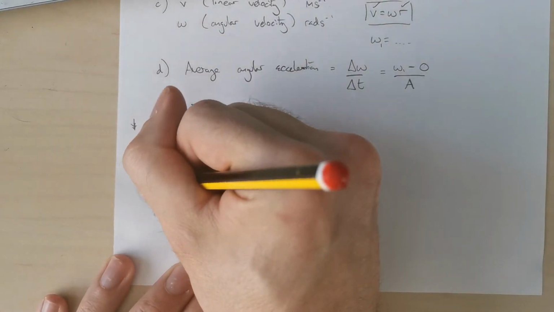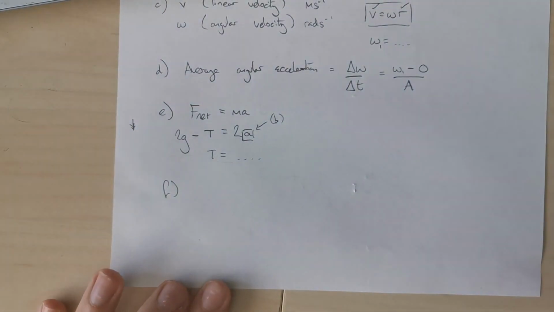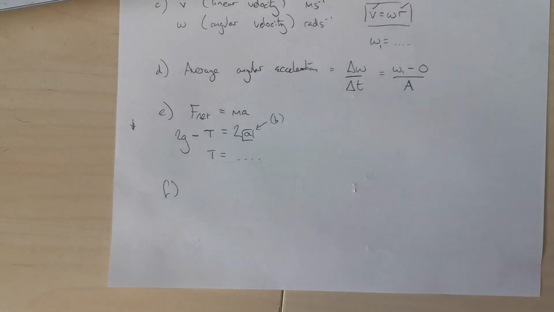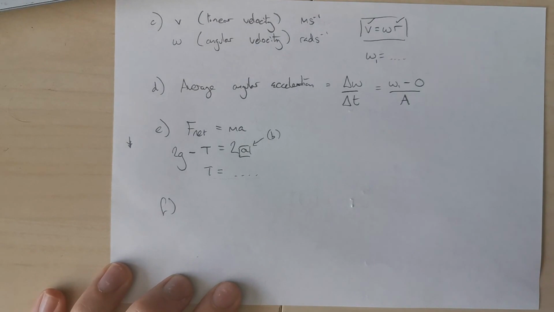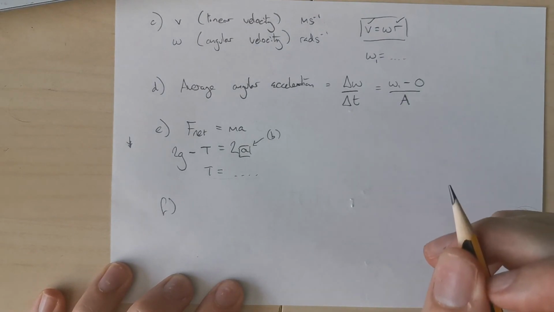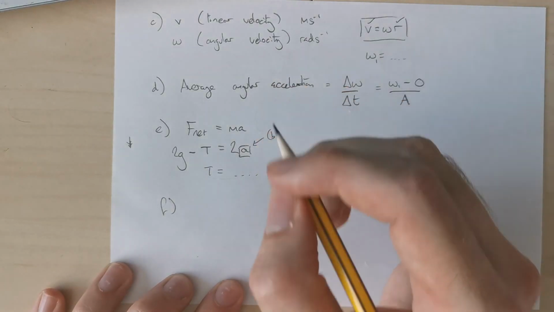And finally, part F, the torque applied to the drum. Well, torque is another way of saying moment, or the moment of force acting about circular motion. And that takes place on our drum.